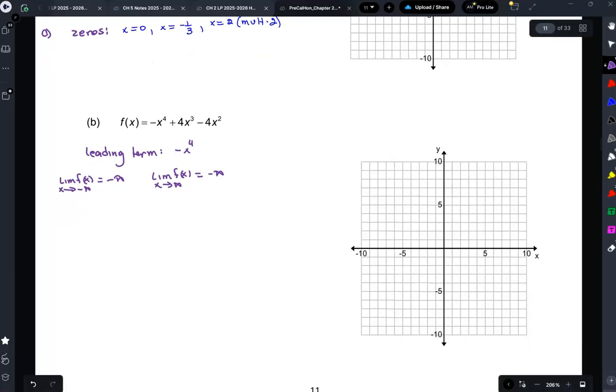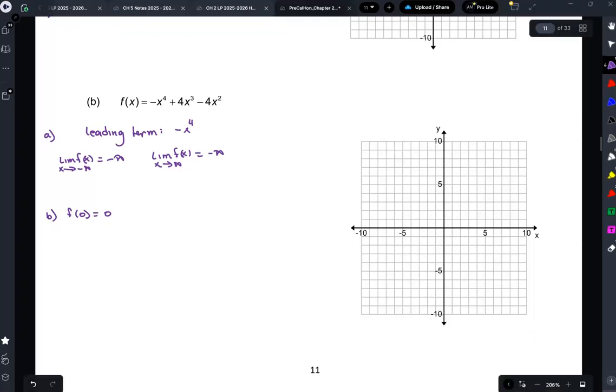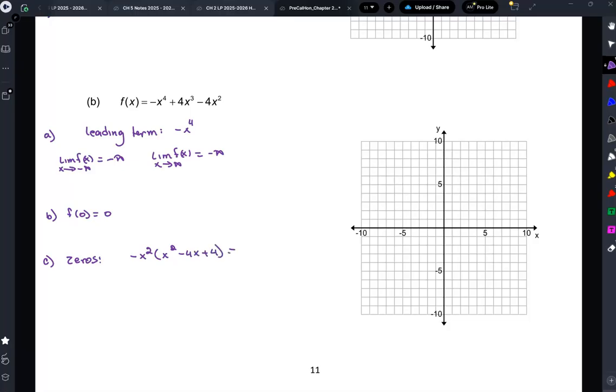Okay, so let's do B, the y-intercept. What is it? 0. And then the zeros, let's factor out a negative x squared. So I get x squared minus 4x plus 4 equals 0.